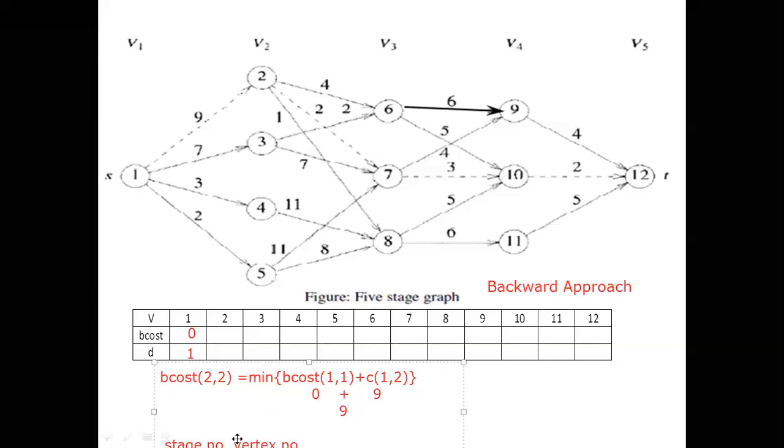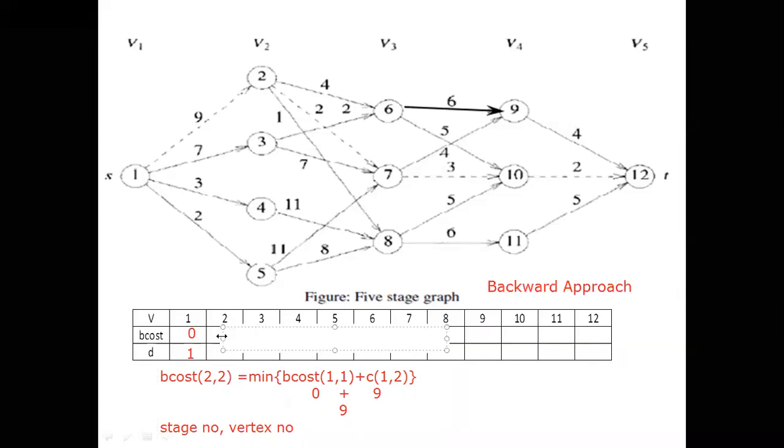Here, what did you understand? I will adjust the stage number. What did you understand? B cost of 2, 2. What is 2, 2? Second stage, second vertex. That means this one. What is the value? It is 9. I will update here as 9.